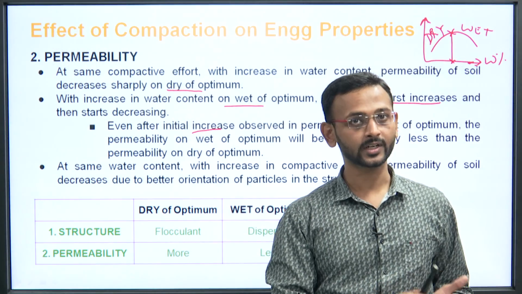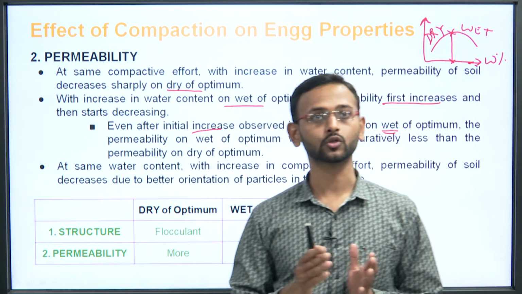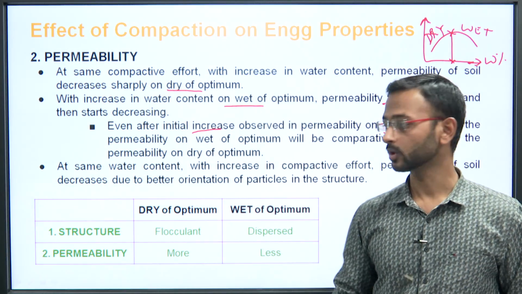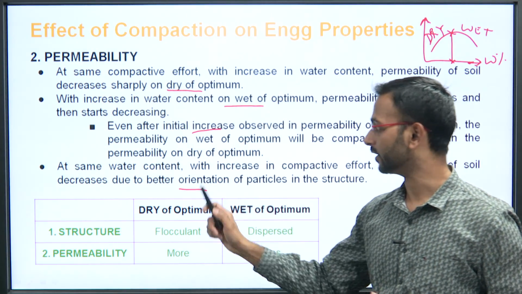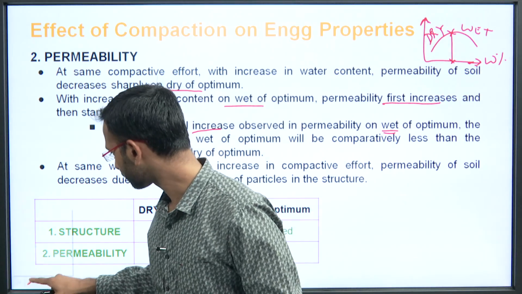At the same water content, with an increase in the compactive effort, the permeability of the soil decreases due to better orientation of the particles. So the particles will tend to get more oriented at the same water content when we talk about the different curves here.